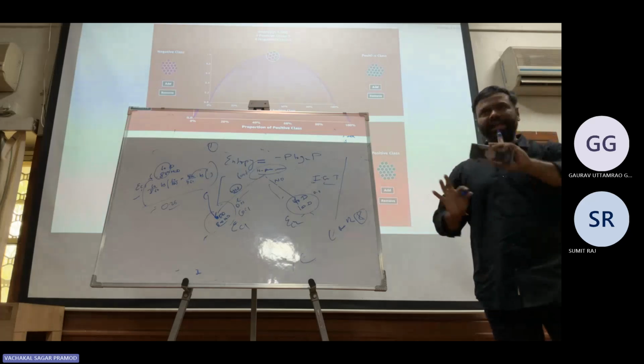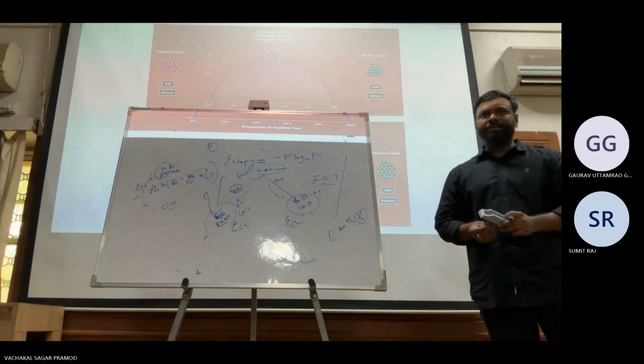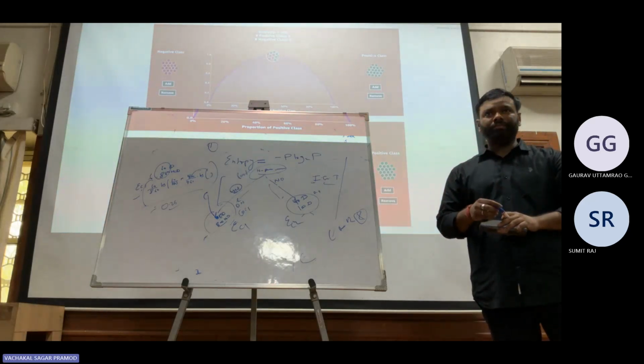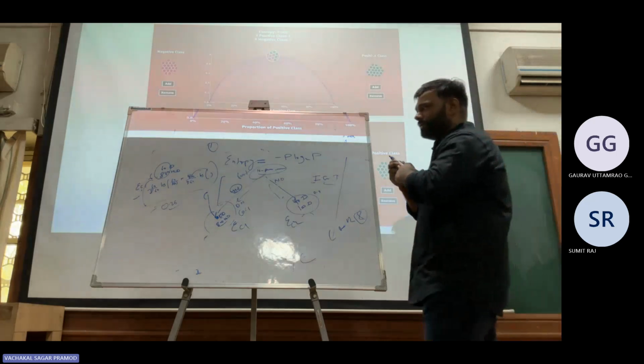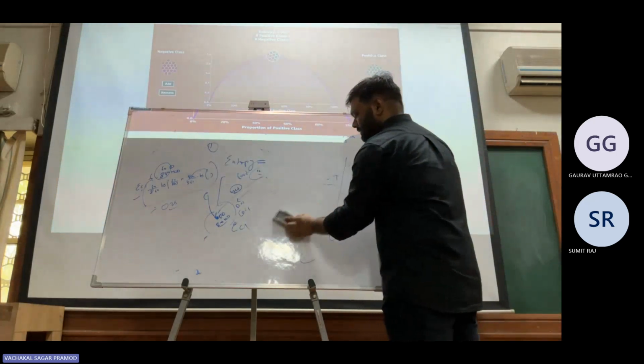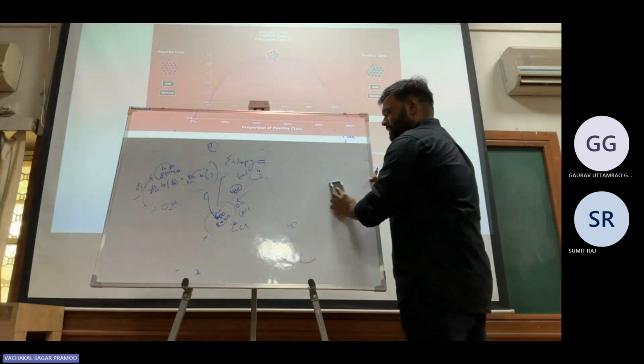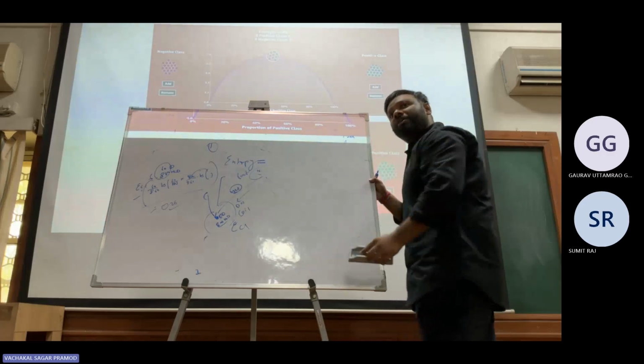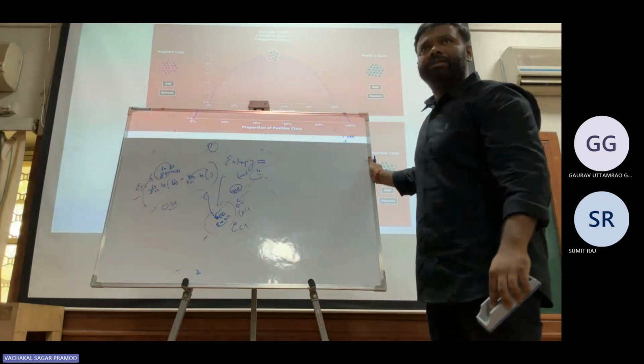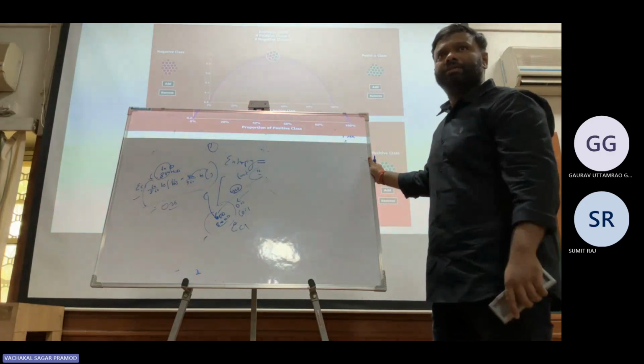Any doubt in this? I go downward. Can I use the same column again if I'm going down? Once a column is utilized, it is gone. Otherwise it will not make sense.